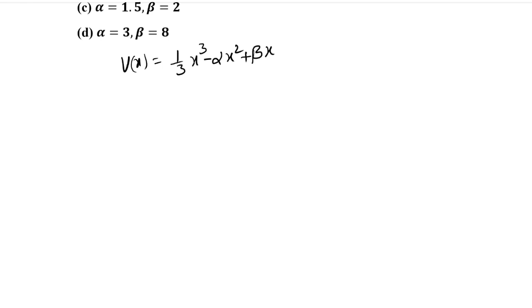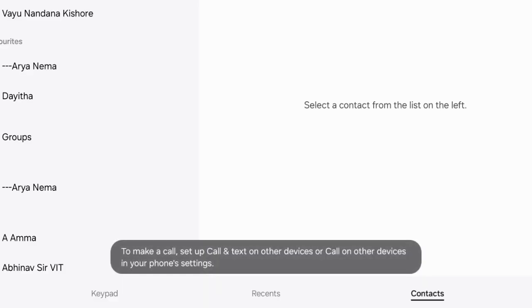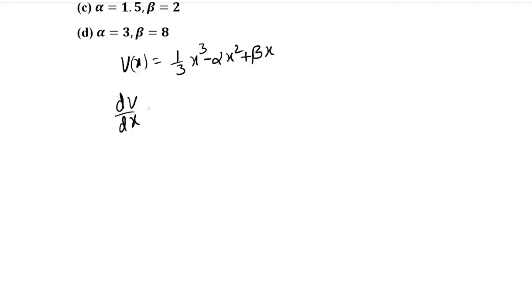Okay, so dv by dx will yield x square minus 2 alpha x plus beta.